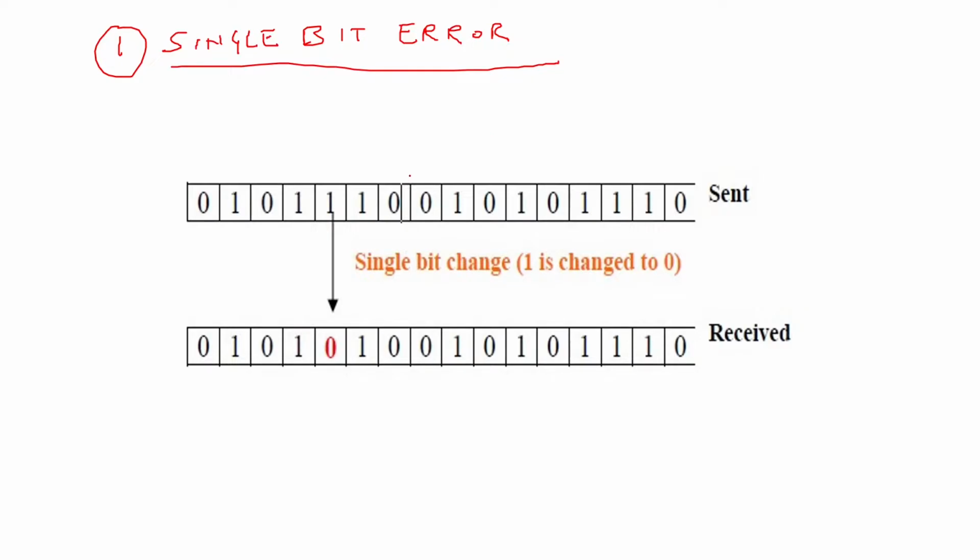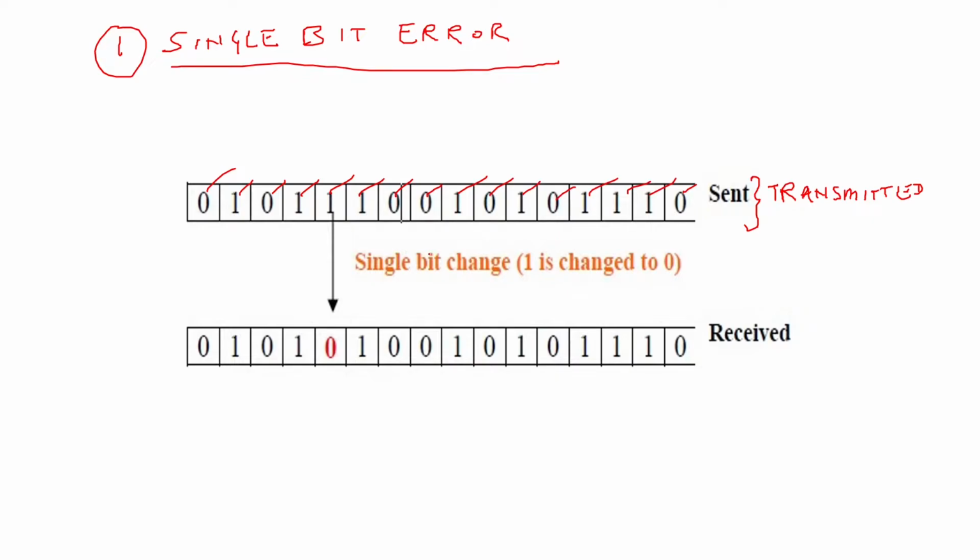On the top side we have shown some data. This is the data which is sent from the transmitter. This is the transmitted data. In this data, you can see the data is 0, 1, 0, 1, 1, 1, 0, 1, 0, 1, 0, 1, 0, 1, 1, 1, 0. This is what has been sent.